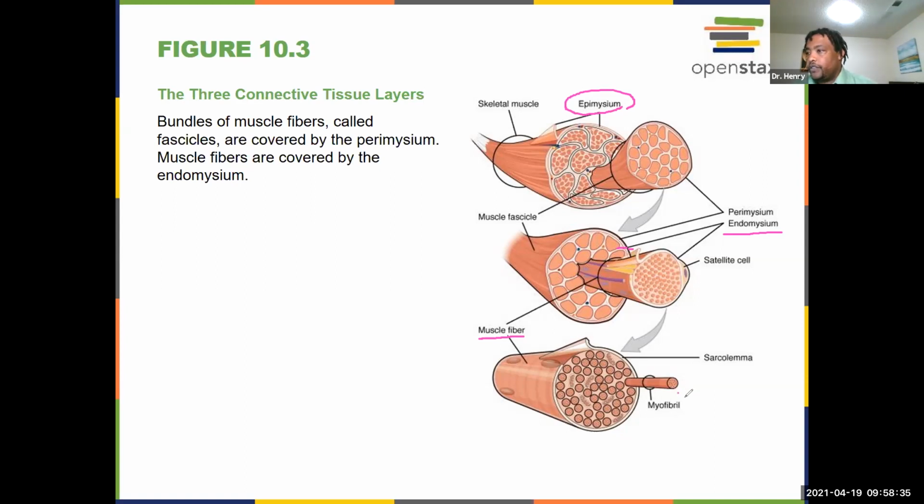These are broken down even further into the proteins actin and myosin.